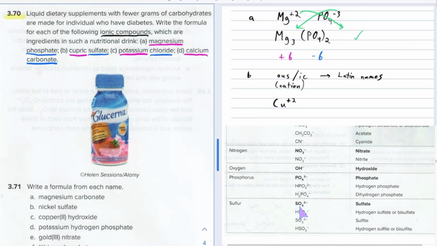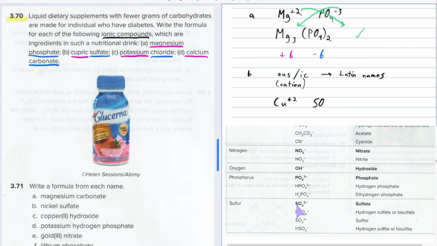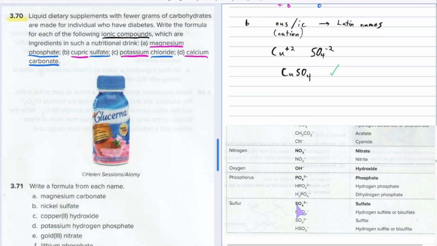Ate. Sulfate is SO4 minus 2. And it looks like they balance. You got plus 2 and minus 2, so go ahead and just write the formula together. CuSO4. Copper 2 sulfate, or cupric sulfate is the name.